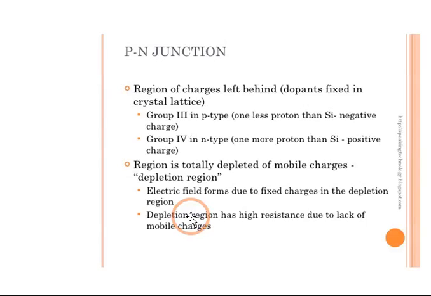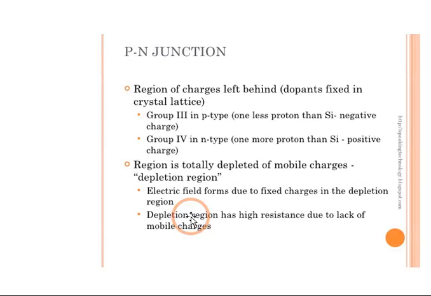That transfer of electrons and holes across the PN junction is called diffusion. The extent up to which the electrons and holes can diffuse across the junction depends on the density of the donor and acceptor ions.